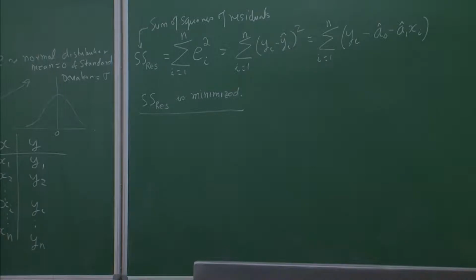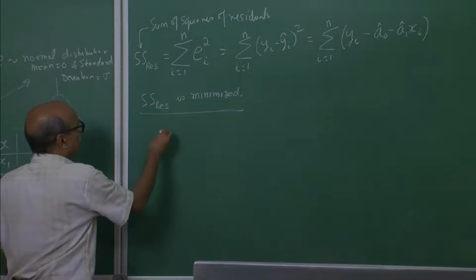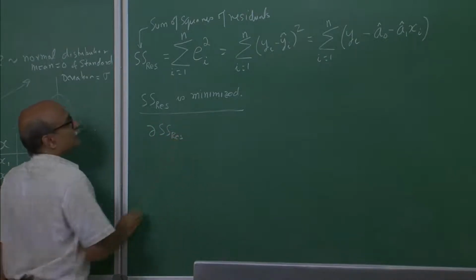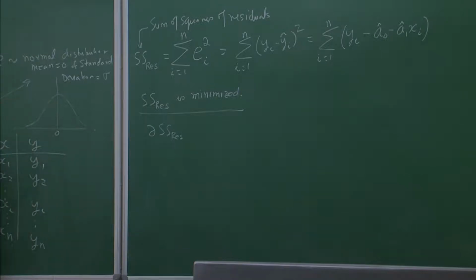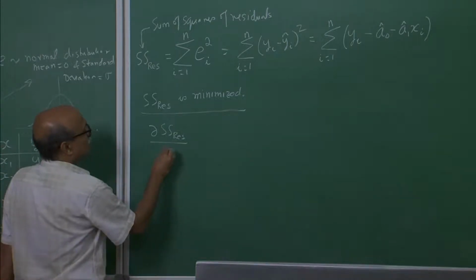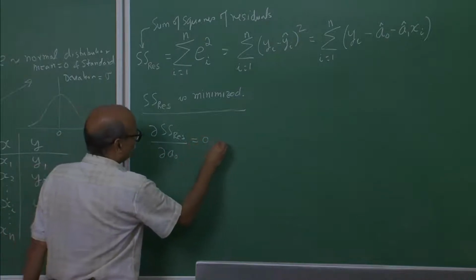Now, in order to minimize this sum of the squares, I need to differentiate SS residual with respect to the parameters a0 cap and a1 cap. So, I take the derivative del SS residual del a0, set it to 0.